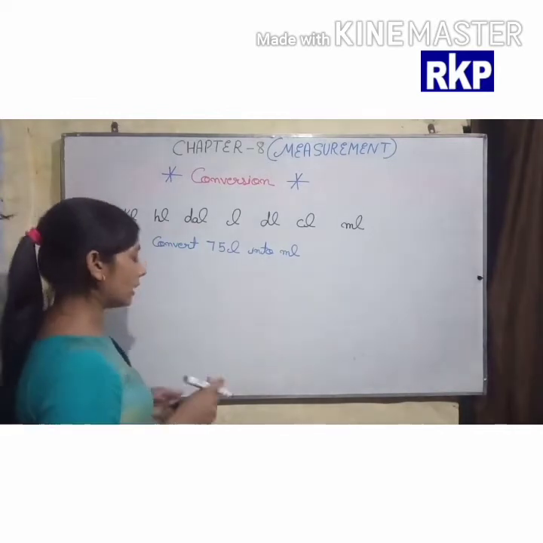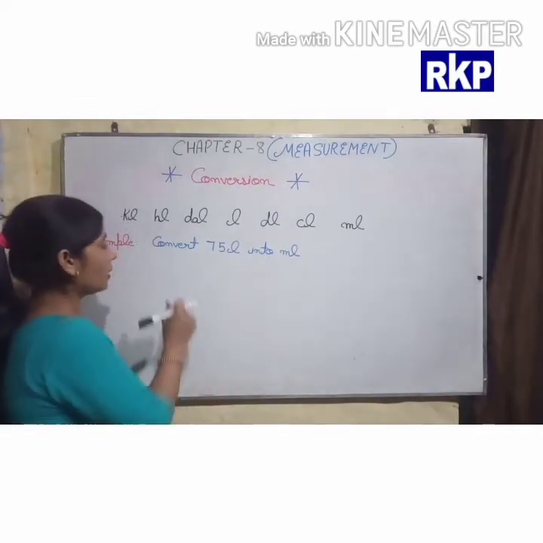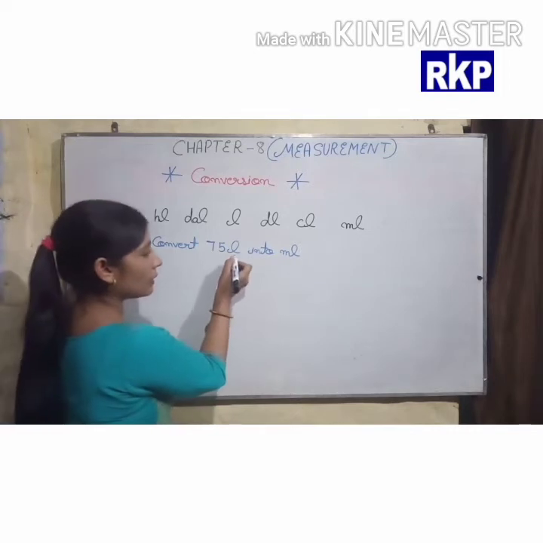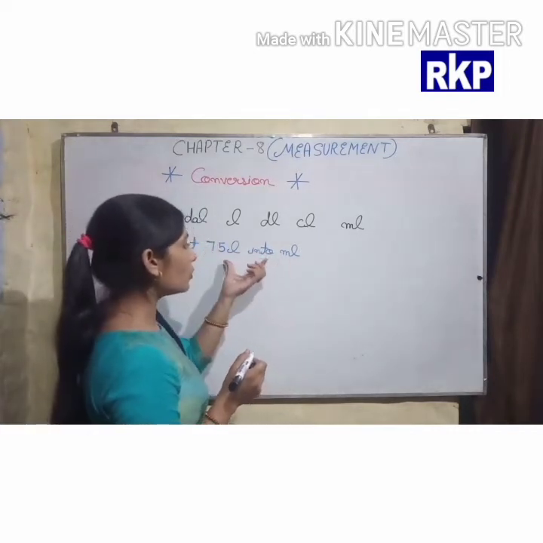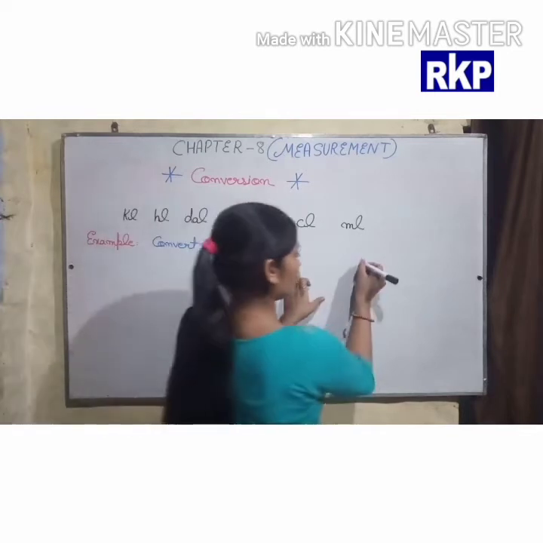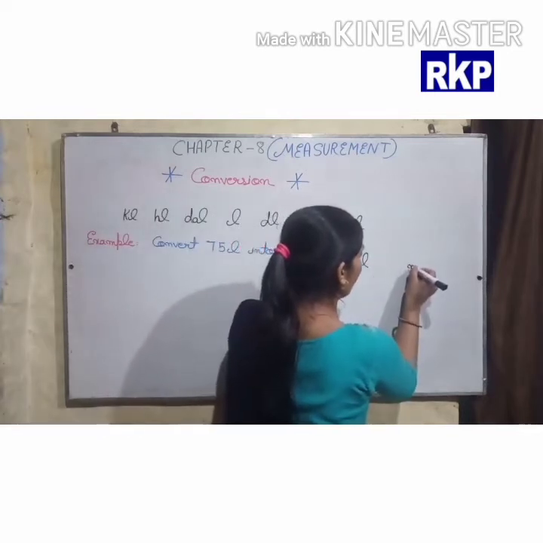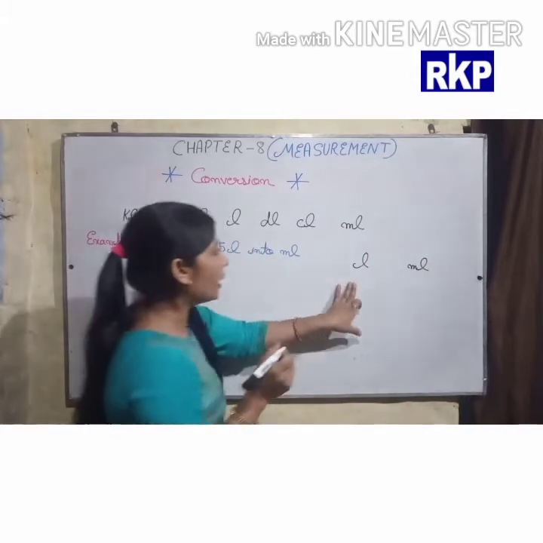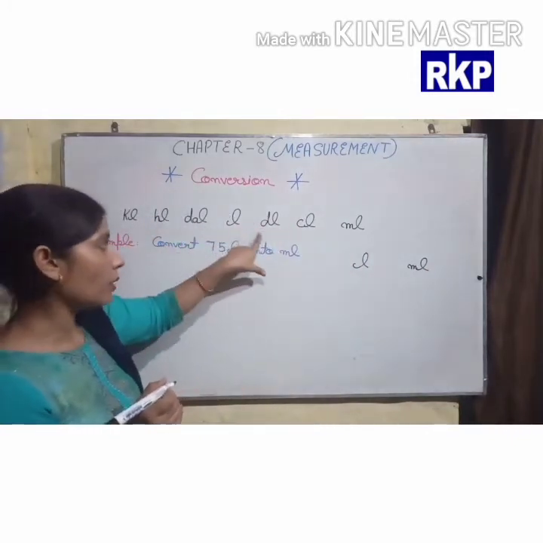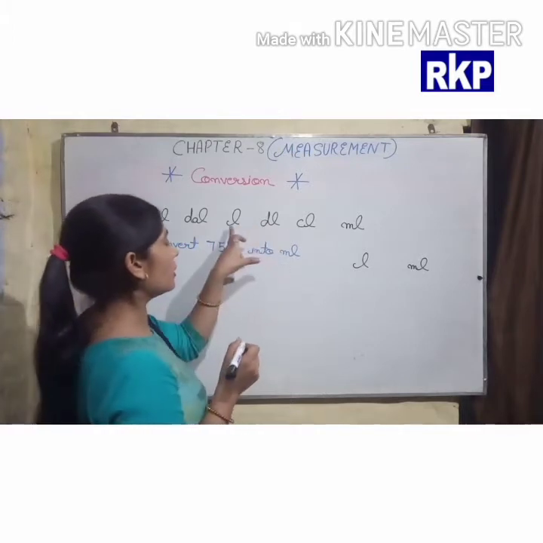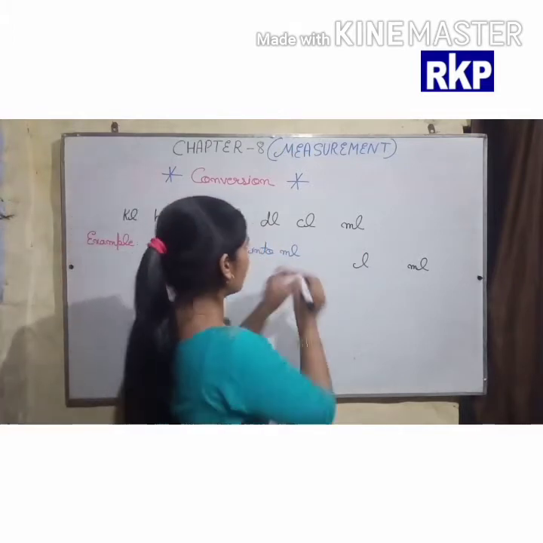Now students, let us take one example. Here we have to convert 75 liters into milliliters. Here we have 2 units, liter and milliliter. So write here liter and milliliter. Here I have written all the units.